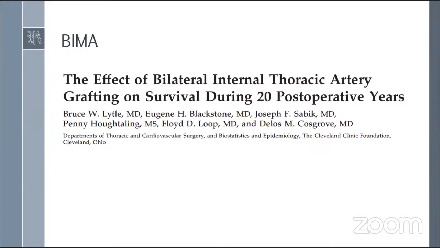They chose from those cohorts 1,152 propensity-matched pairs. They found that bilateral internal thoracic artery grafting produced improved survival when compared to single thoracic artery, and this benefit extended throughout 20 post-operative years.